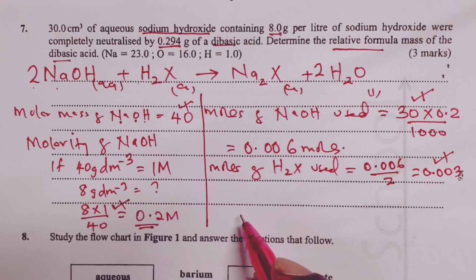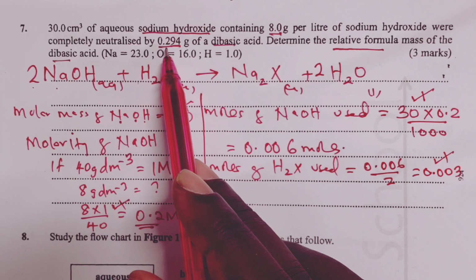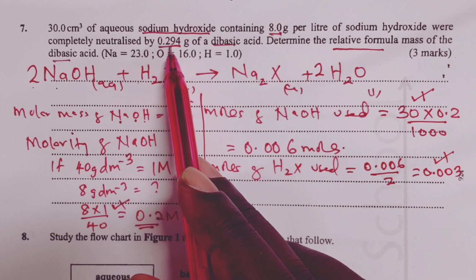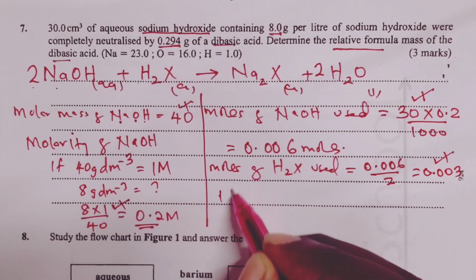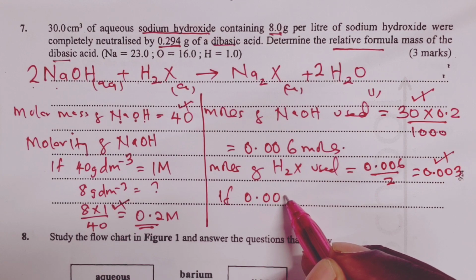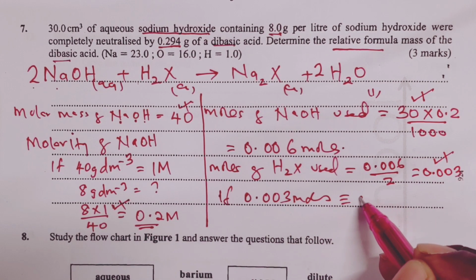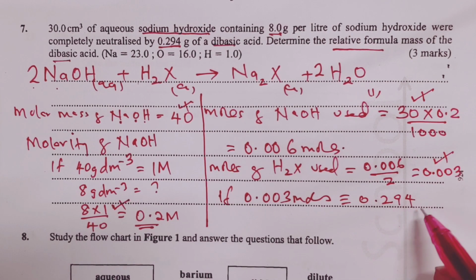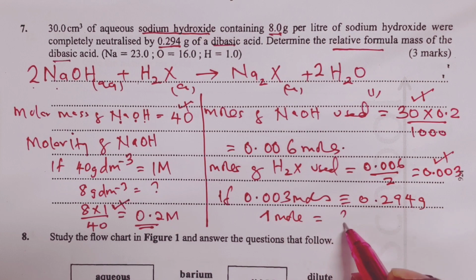Then finally, we are told that the mass of the acid was 0.294 grams that were used. These were equivalent to the number of moles that were used. So if 0.003 moles were equivalent to 0.294 grams, getting molar mass would mean that we find the mass of 1 mole of our acid.